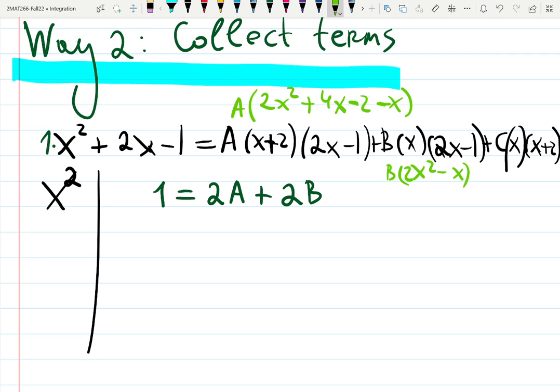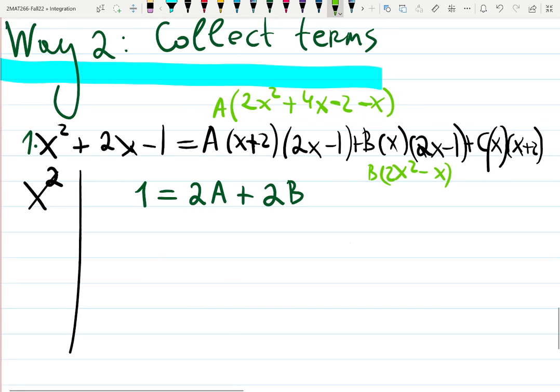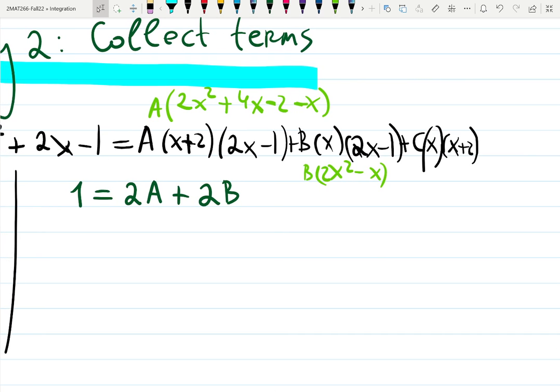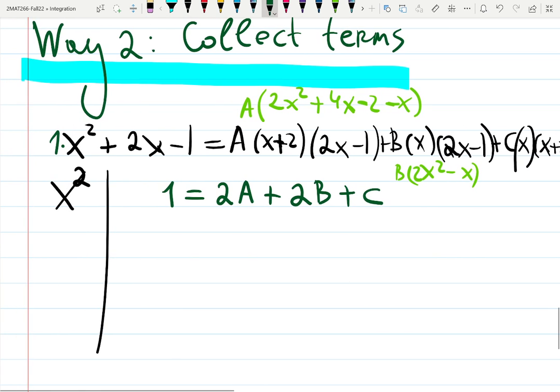It's too much work to distribute every time. What if you have 5 terms to distribute? You have to do it in your mind. bx times 2x, yeah, that's 2b. Others are too low in their power to be considered. And the last one is c. That's it. The other one does not count because it has lower exponent. Like so. First equation is collected terms that are standing in front of the x squared.